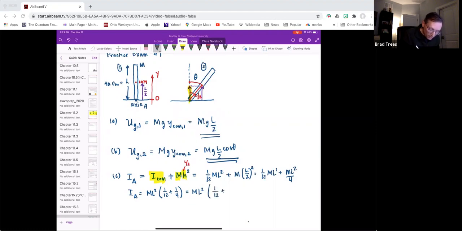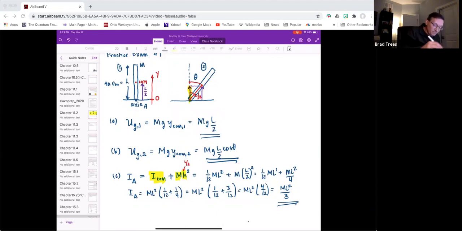So that's 1/12 plus 3/12, which is ml squared times 4/12. That's ml squared over 3. That's the answer for C, the rotational inertia of the chimney for the axis A down at the base. And that's part C.